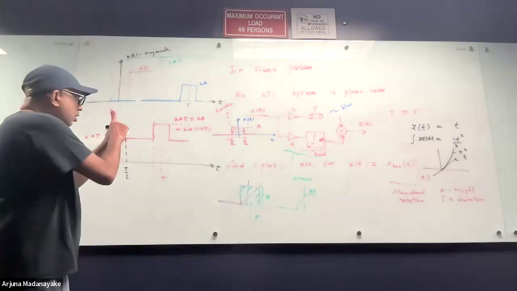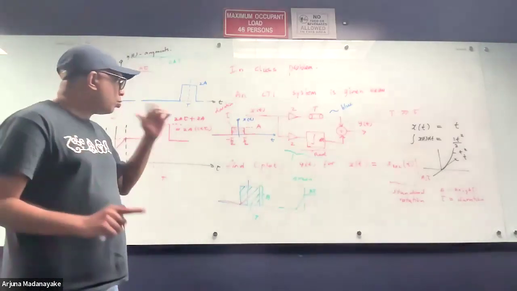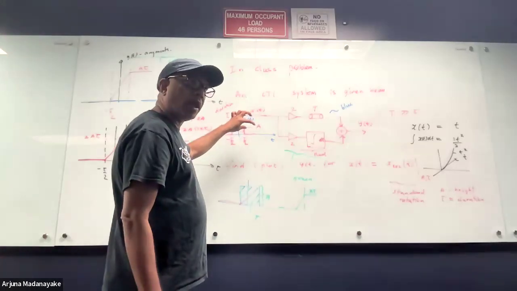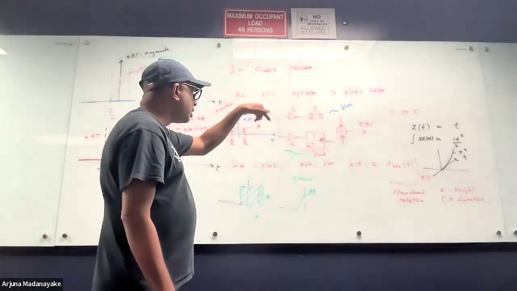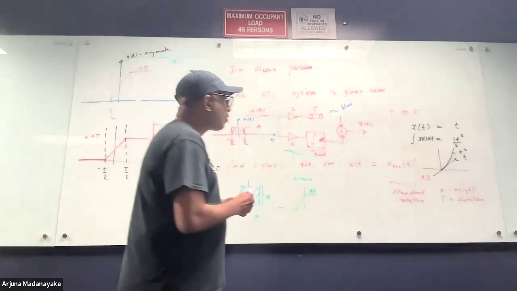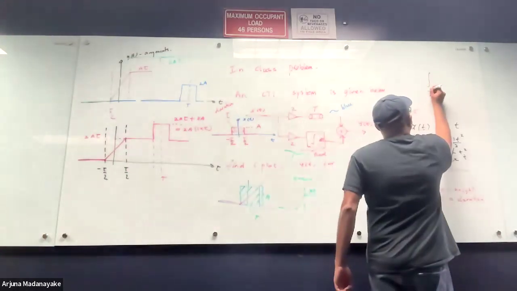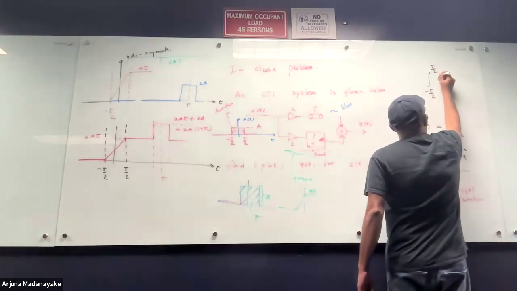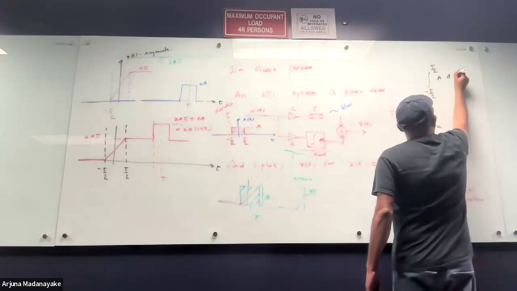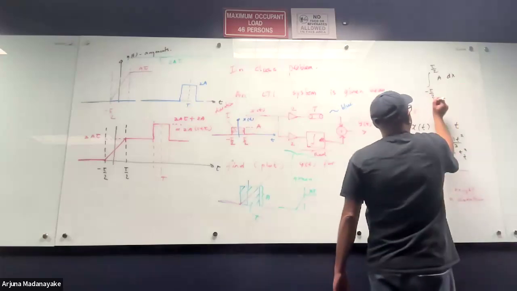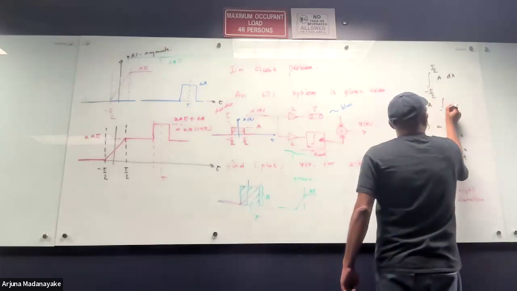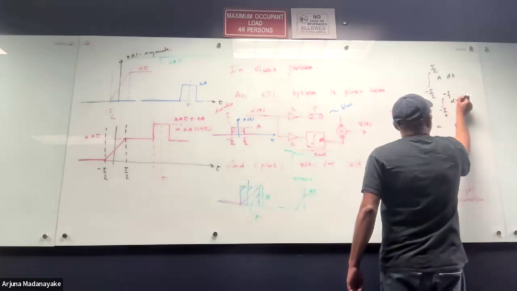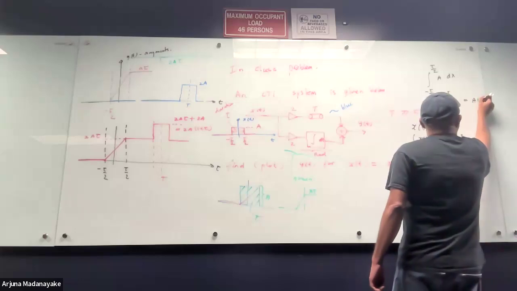So when you integrate a rectangular box, that is just a dt integral. So you have the integral from minus tau by 2 to plus tau by 2 of A d lambda, which gives A times tau by 2 plus tau by 2, which is equal to A tau.